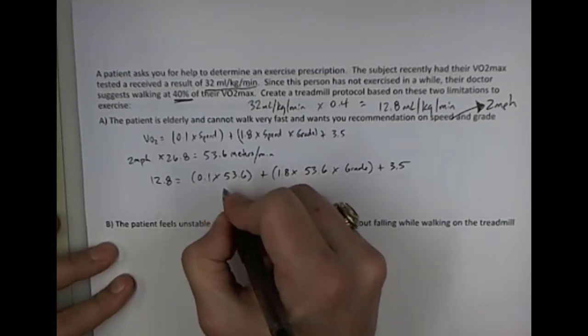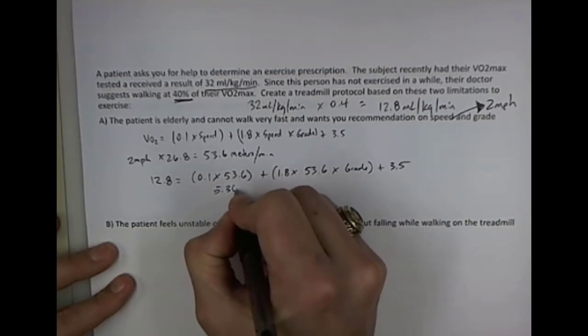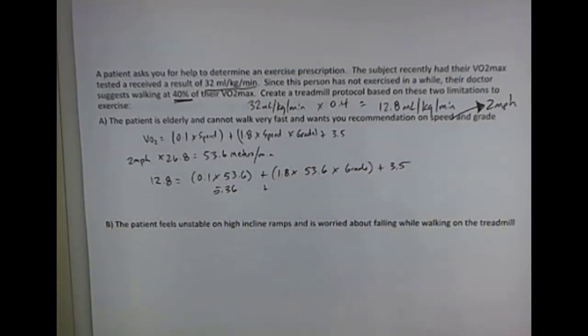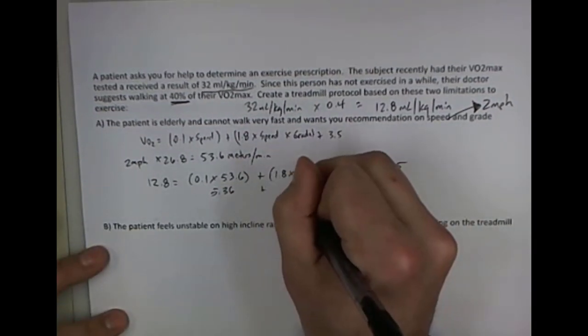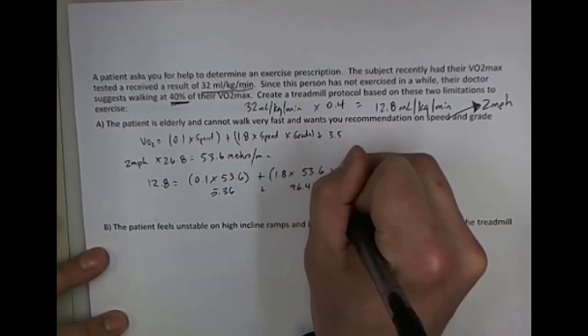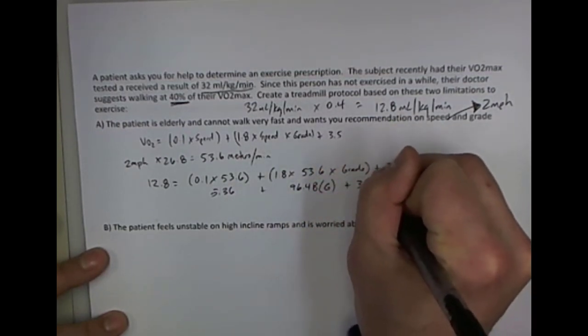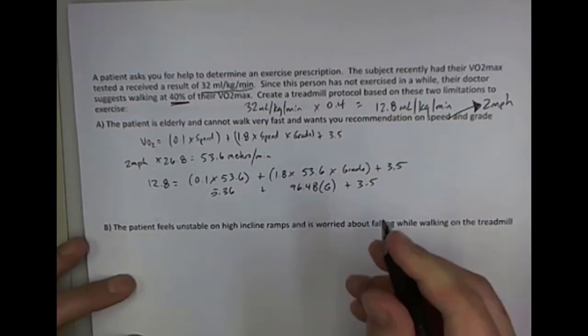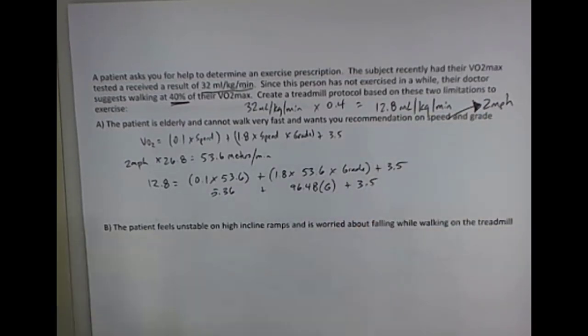And now we would go about solving this. So this is 5.36 plus 96.48 times the grade plus 3.5. Of course, we need to subtract 3.5 and 5.36.